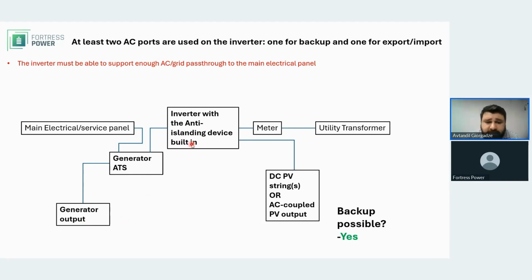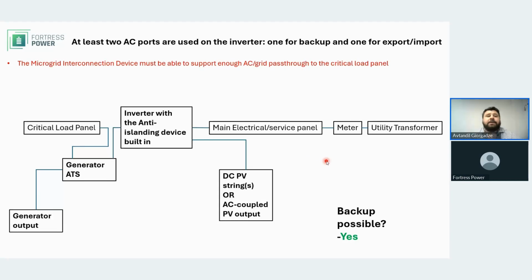Or if the PV started charging the batteries, and because the batteries are sufficiently charged, the inverter came online, then the generator again will be turned off, the frequency and voltage will return on the inverter load side, and you would be able to return to that mode where the generator is doing nothing. The ATS is just facilitating the pass-through, and the main electrical panel uses the output from the inverter.